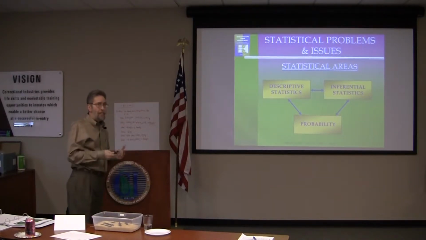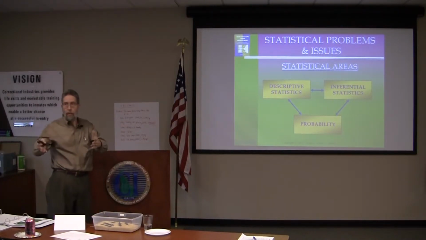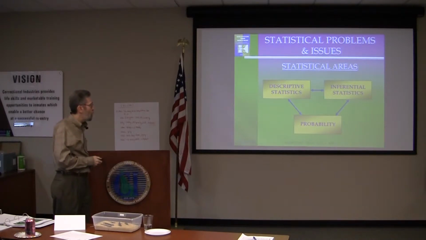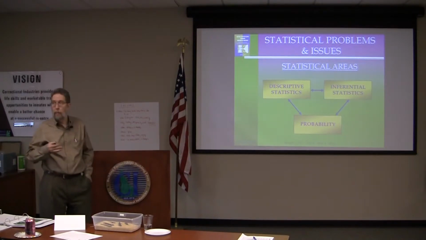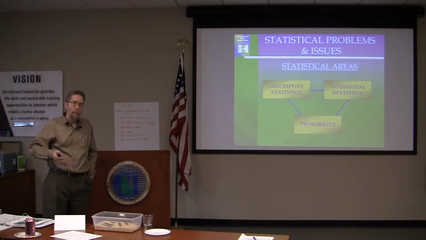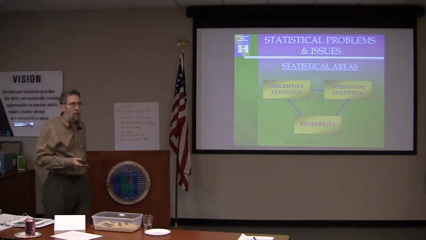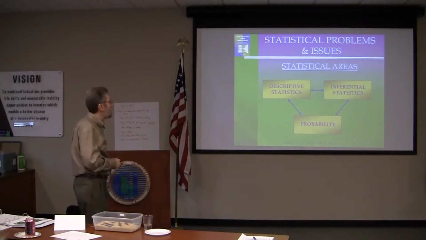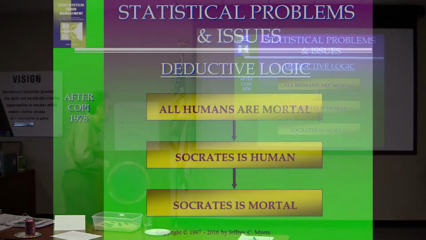Where we make predictions, we take data and infer what's going to happen in the future or in other locations based on the data we collected. And then it's all grounded essentially in probability. What's the probability of this? What's the probability of that? And really, probability is where the confusion and the trickiness comes into statistical analysis.